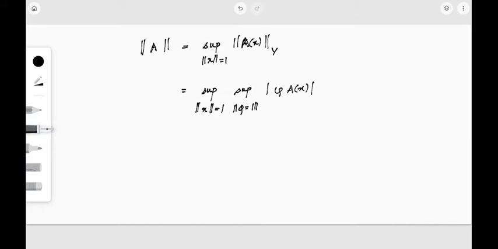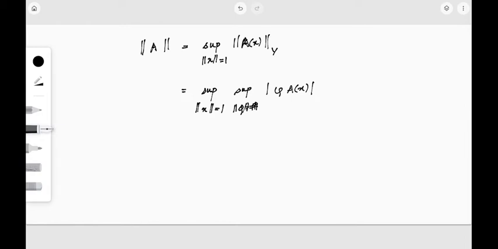Okay, because we are considering Y, and phi was an element in Y star, the norm of A is the supremum over norm x equal to 1 of the norm in Y of A x, and the norm in Y of A x is again by definition equal to the supremum over norm phi equal to 1.